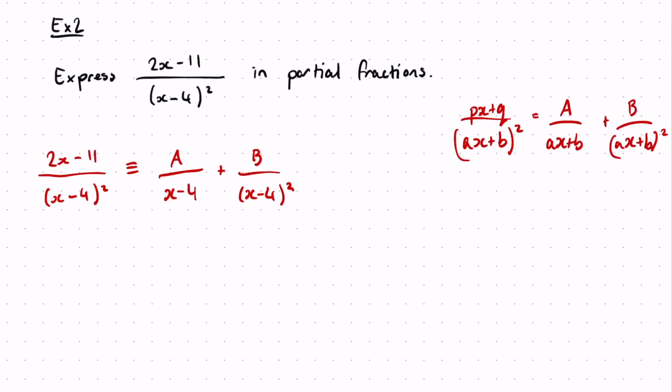Okay, now that I have this, I can multiply through by my (x - 4) squared.